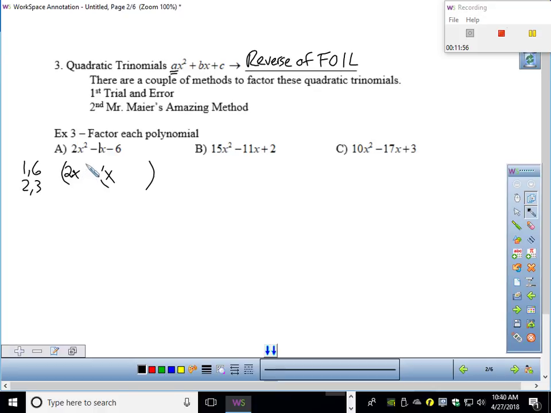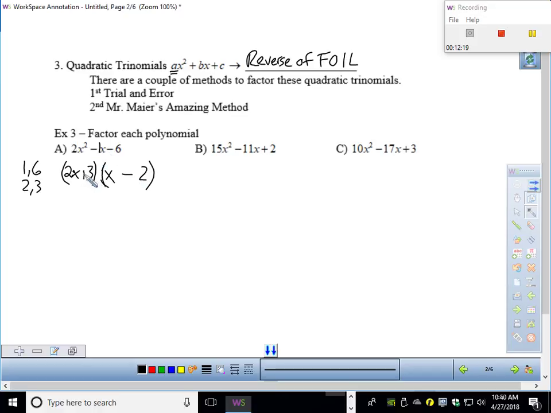So then you come back and you try another combination. You might say, well, maybe a 3 and a 2 situation or something like that. And then I at least get a sense of, is it even possible? Well, the outside would be 4x. The inside would be 3x. It's got some promise because I can make 4x and 3x equal to -1x.